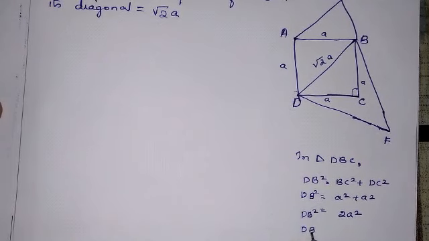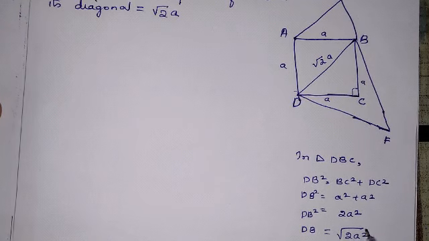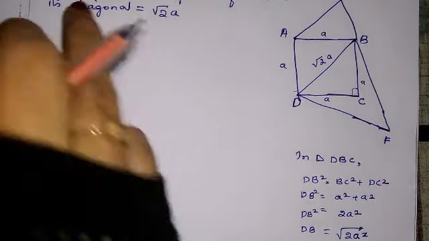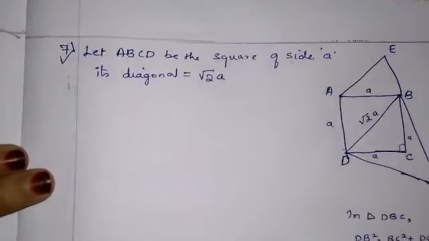So DB is equal to root of 2 a square. Square and root get cancelled, root 2 will be inside only. So we got DB. The diagonal value is root 2 a.